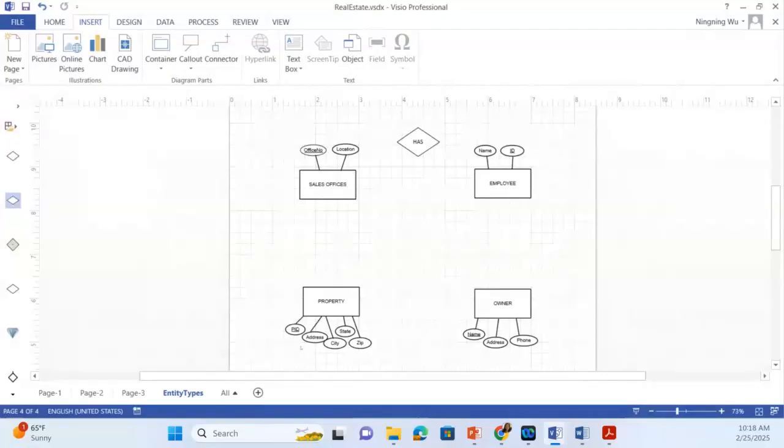Then we use capitalized words to represent attributes. If you follow these traditions when you design a database, at least people believe that you have some kind of formal training in design. So it's nice to follow those traditions.